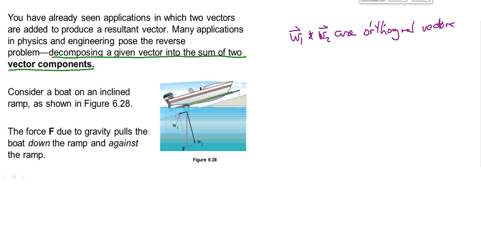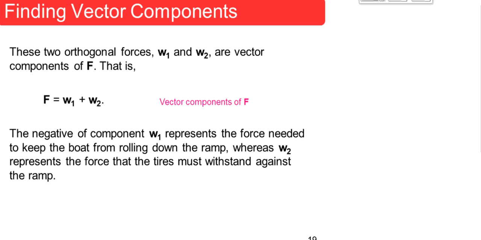And in this situation, thinking about that parallelogram method, going this way and then this way, this force vector is really W1 plus W2. And so that's what we want to look at, bringing those into their components. And then this is just stated over here.